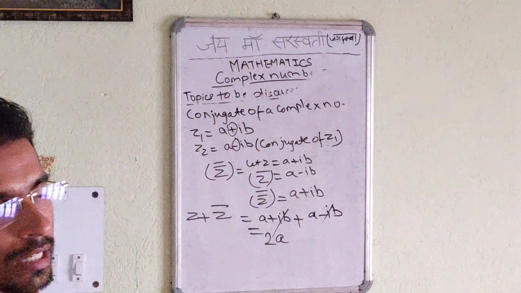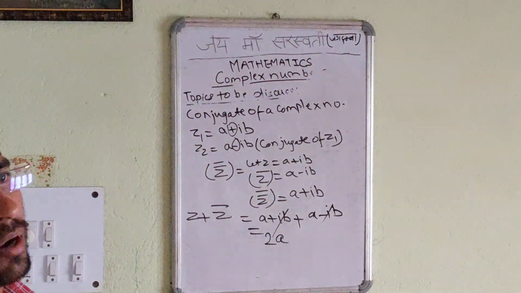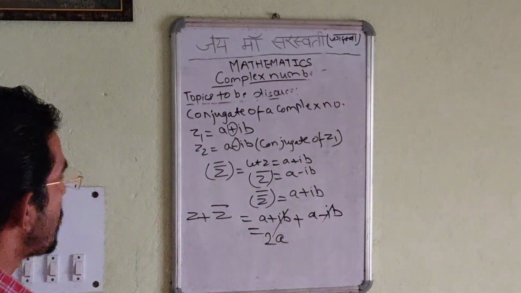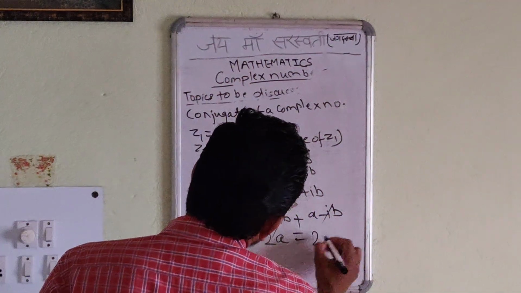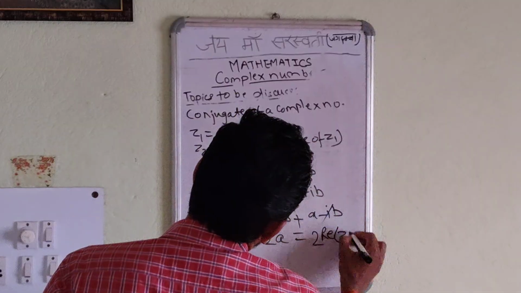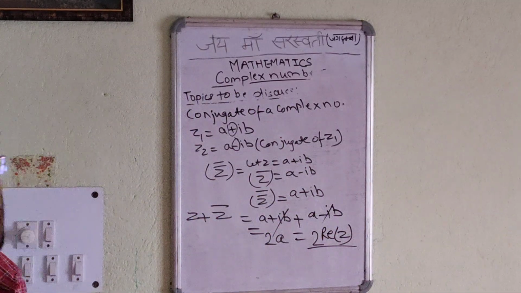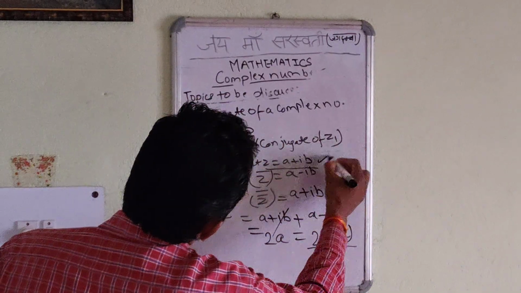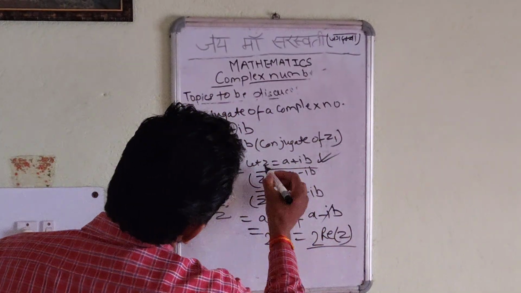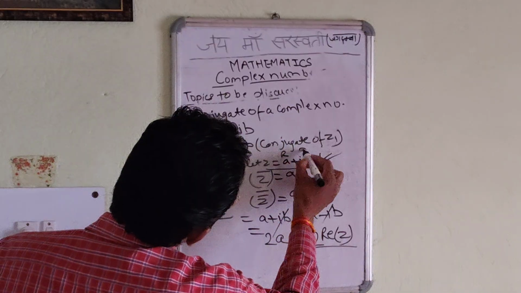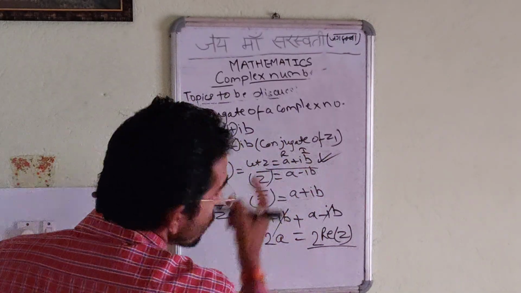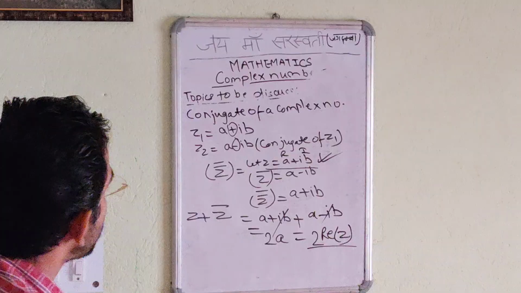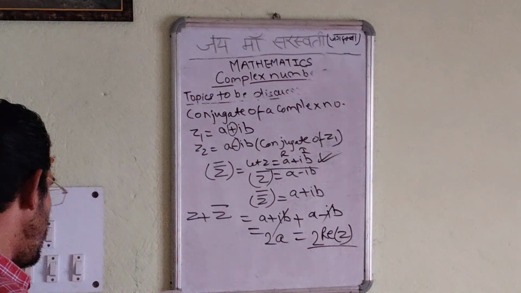It states that it only consists of a real part, the imaginary part is 0. That is 2 times the real part of z. We had taken z equal to a plus ib, so 2a, only the real part is there. So 2a is 2 times the real part of z. That is basically what we had established.